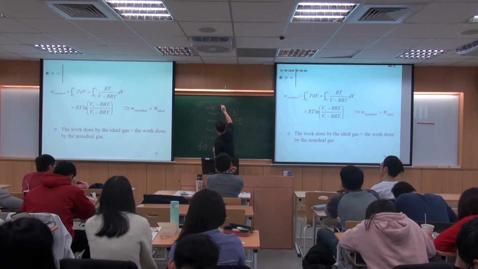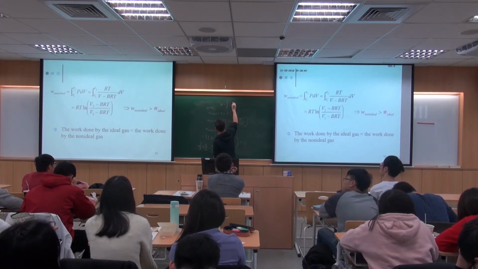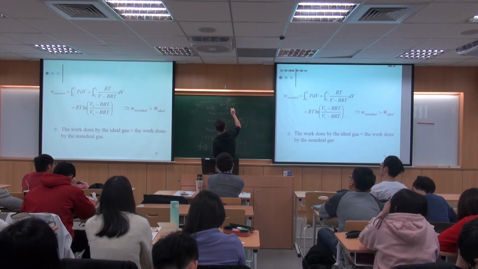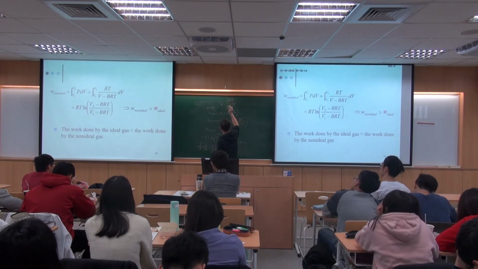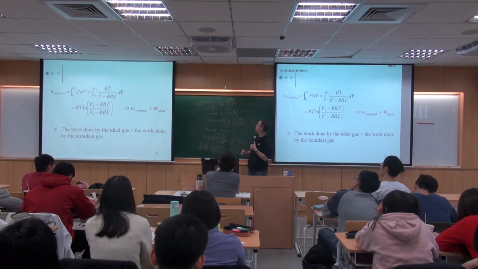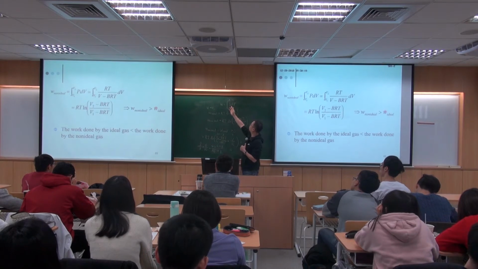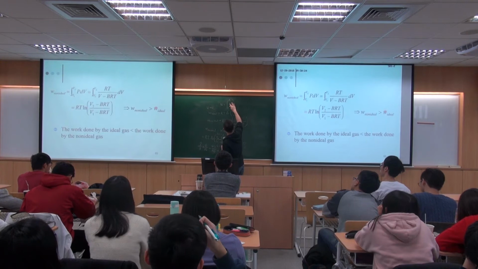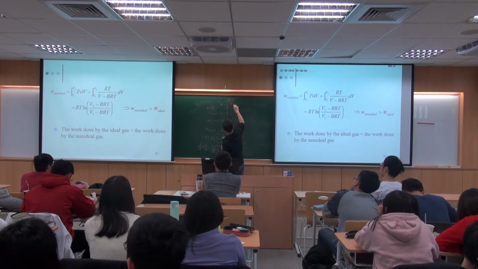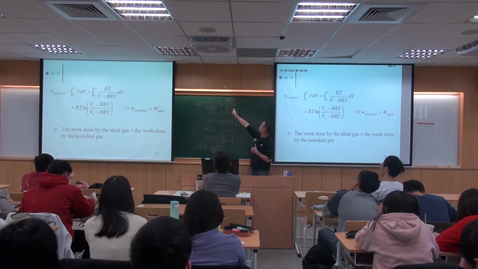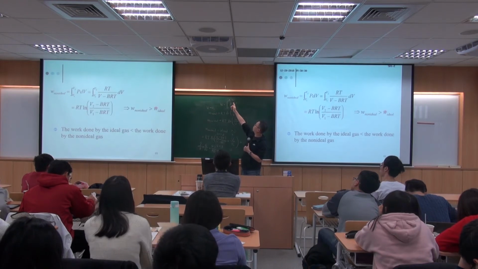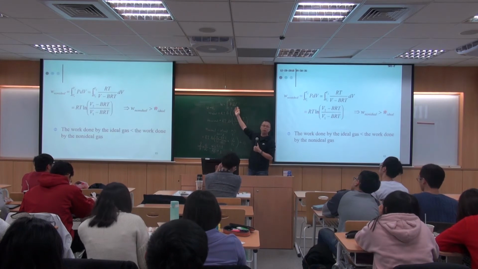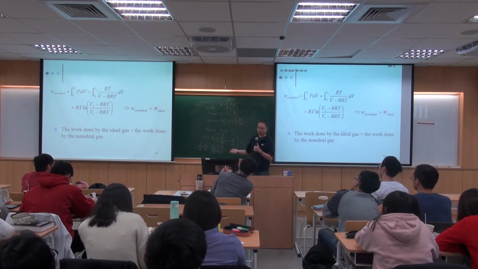Here it is VdP, right? So it is either from P1 to P2 or from V1 to V2, depending on the constraints given. If it's from volume 1 to volume 2, so you better change this to, sorry, it's the opposite, sorry. So if your constraint is volume 1 to volume 2, then this is okay, but if it's from pressure 1 to pressure 2, you have to change this variable to pressure by using the trick that I just mentioned.